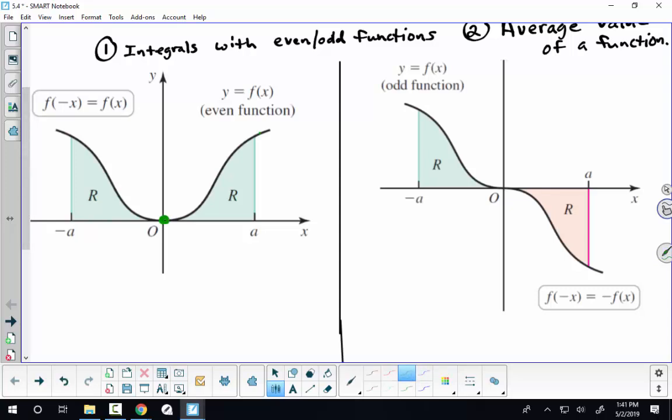So I would look at the integral from 0 to a on that function to get this area. But to get the actual area that I'm required to get, since it's symmetric with the y-axis, all I have to do is multiply that by 2. Does that make sense?